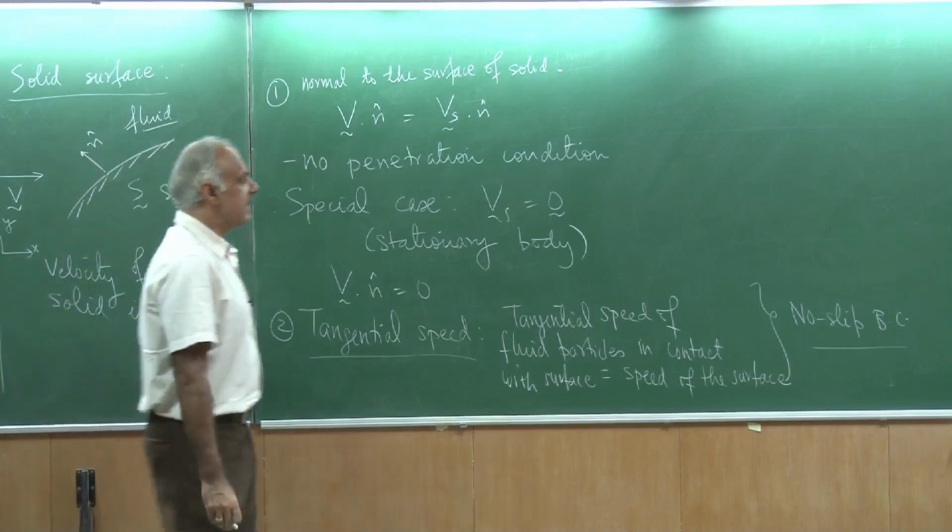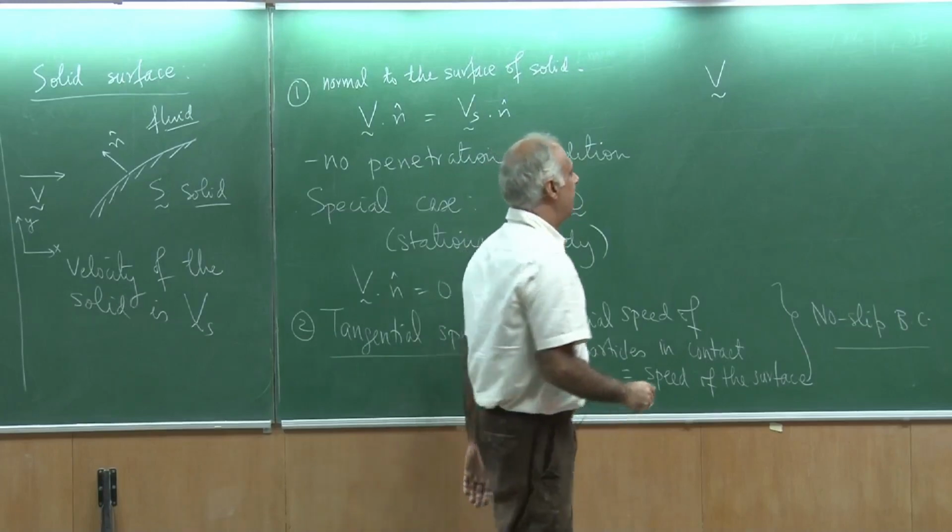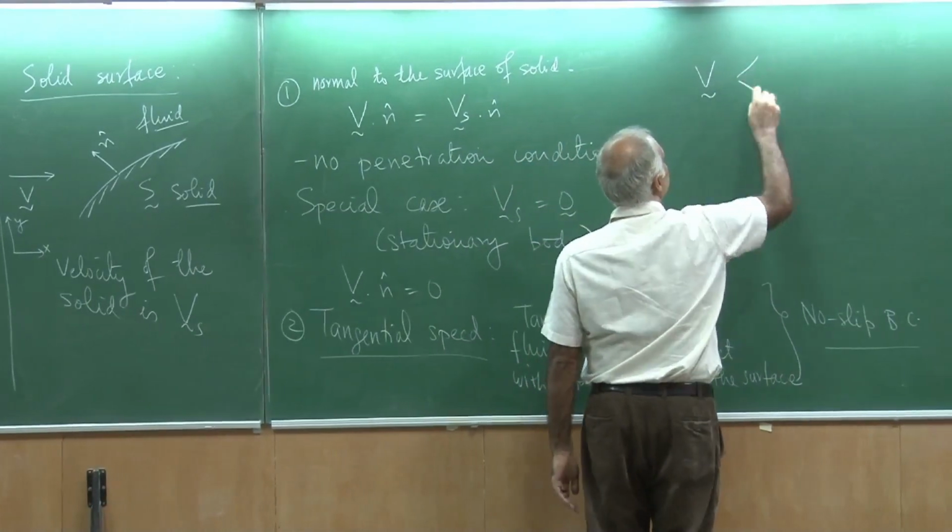So what we are saying is that if I had a general velocity V, I could talk about two components.